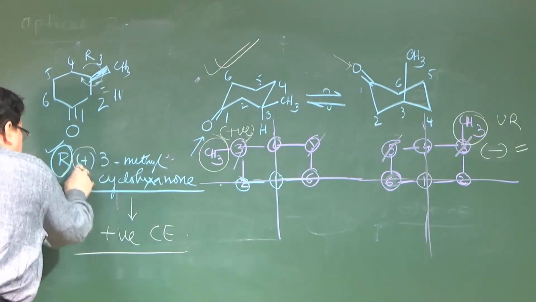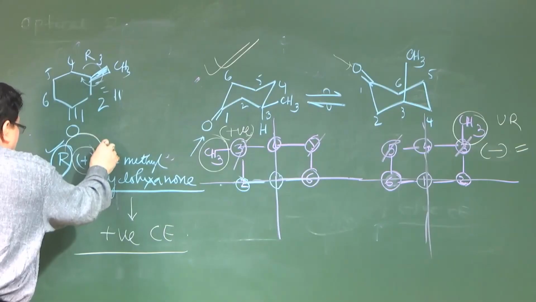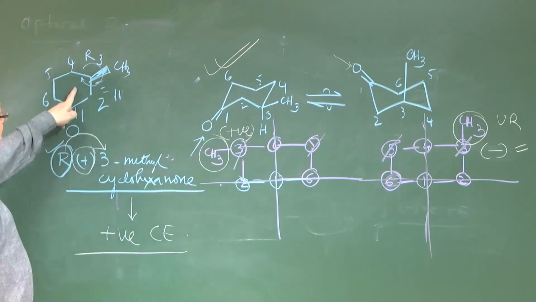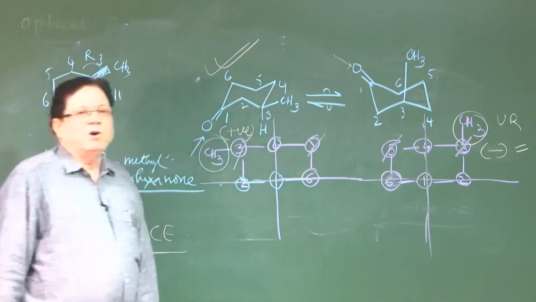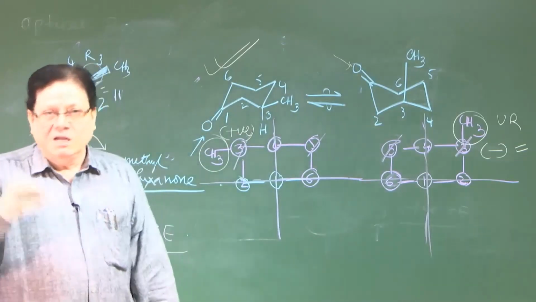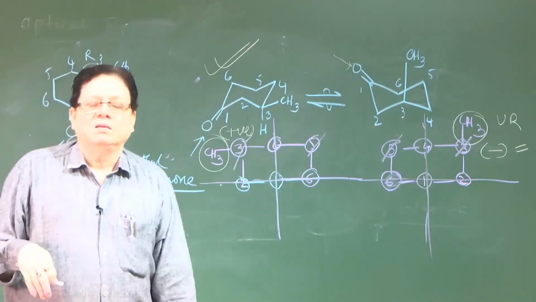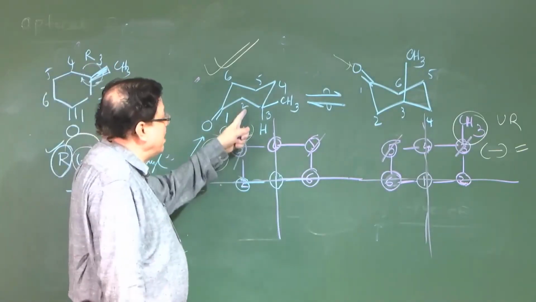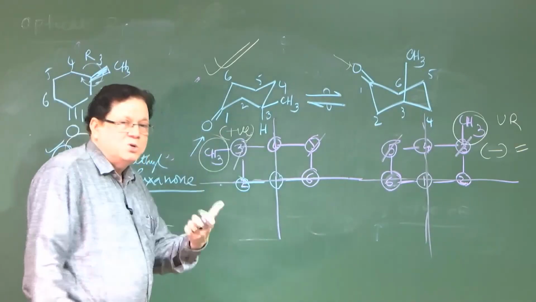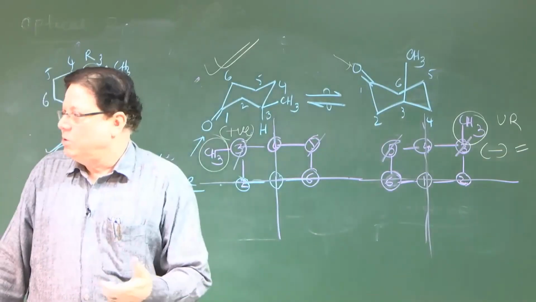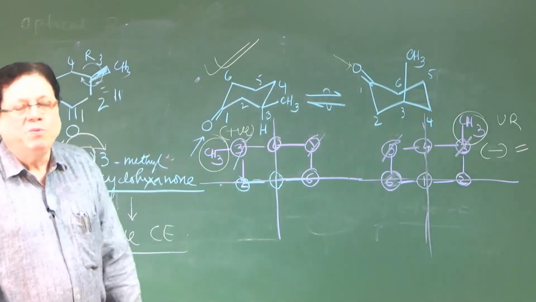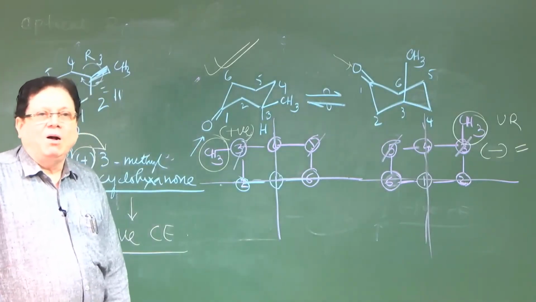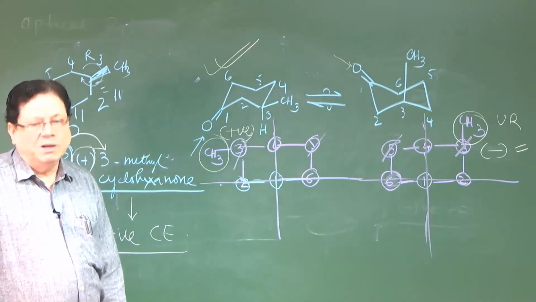Plus is difficult to predict, but what we know is R 3 methyl cyclohexanone exists preferentially in the conformation where the methyl is equatorial, which logically you have concluded already, because you have been told that bulky substituents occupy equatorial, but it has been proven by applying the octant rule and checking the sign of the Cotton effect.